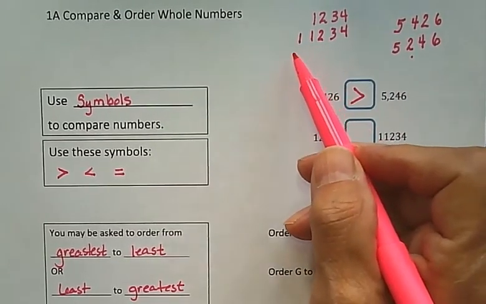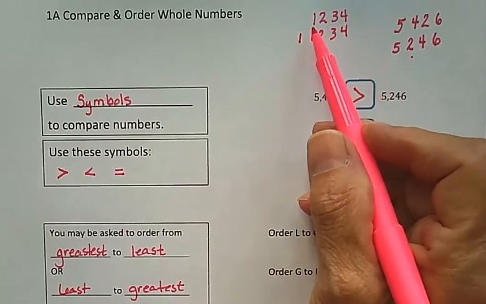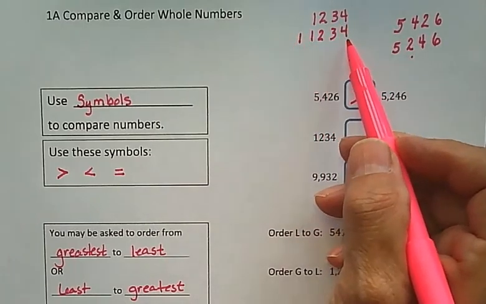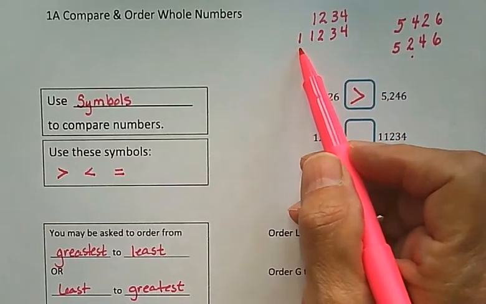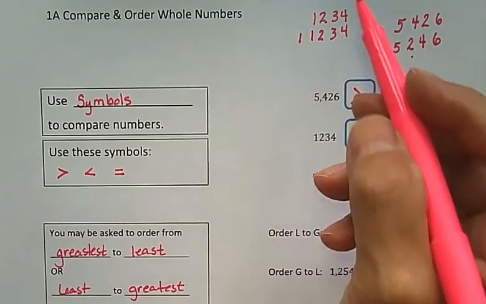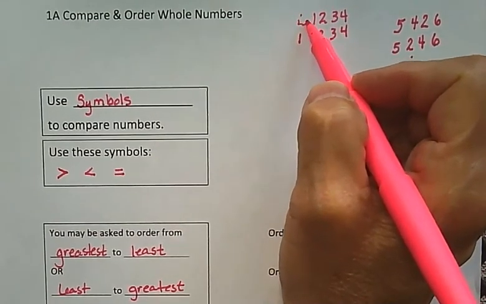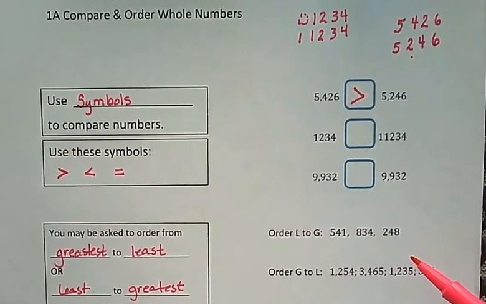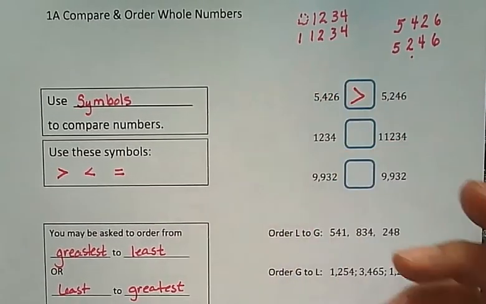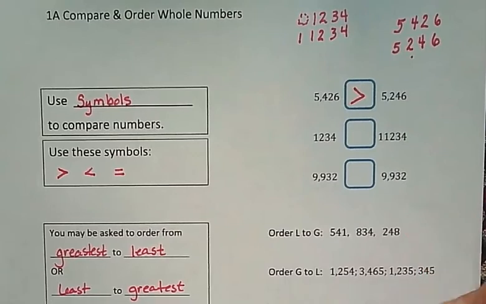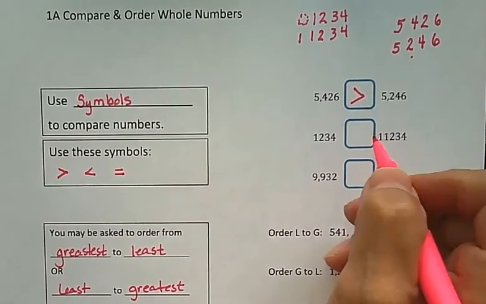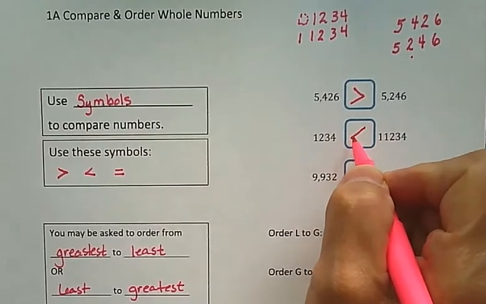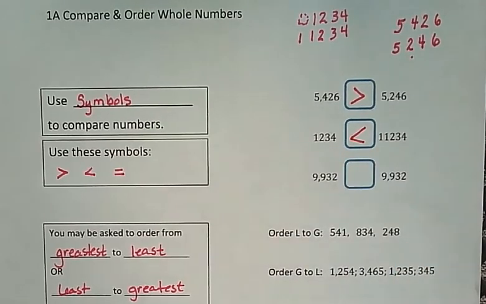So we know that since this number has more digits with whole numbers, it's bigger because it has a 1 in the 10,000s place, and this one would have a 0 here if we wanted to, just make a dotted 0. So we know that this number is larger because it's longer. With whole numbers, the longer numbers are larger. And so we want to have our less than symbol over here.